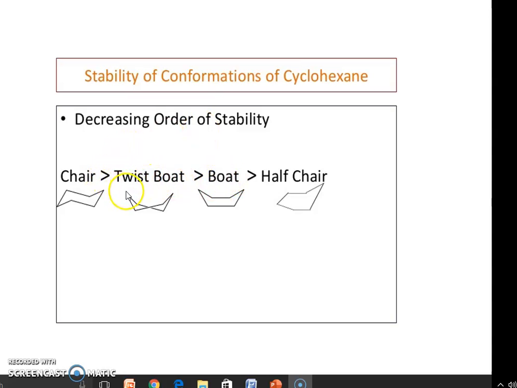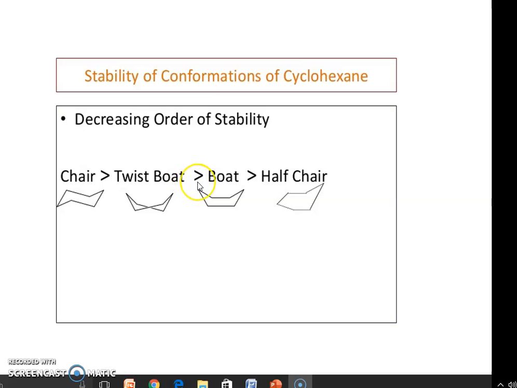Among these four conformations, the most stable conformation is the chair conformation, and the half chair conformation is the least stable. In between, when compared to chair conformation, the next stable conformation is the twist boat conformation.